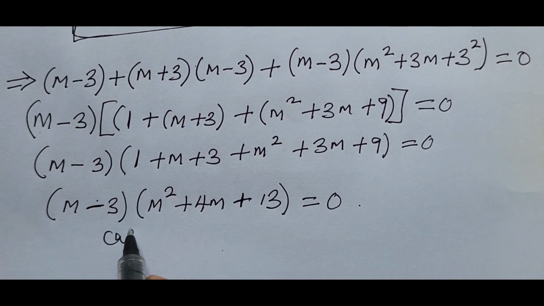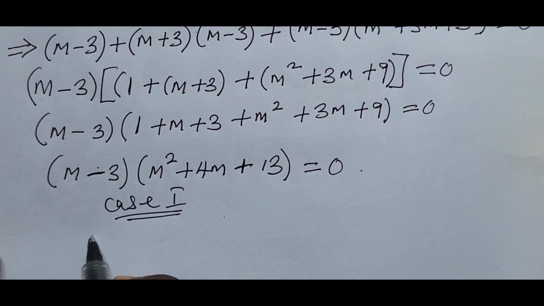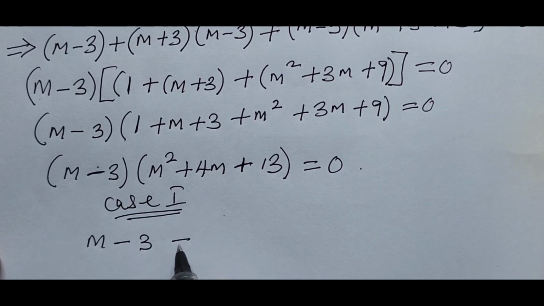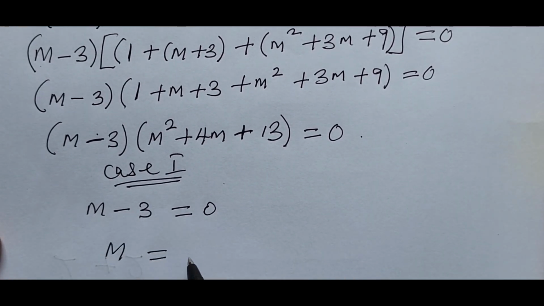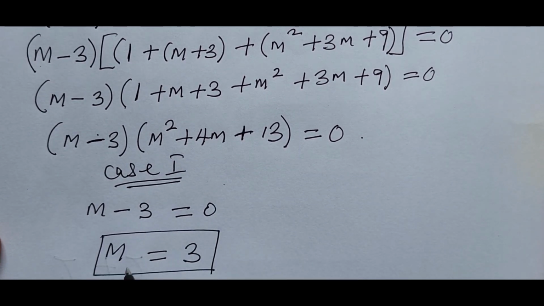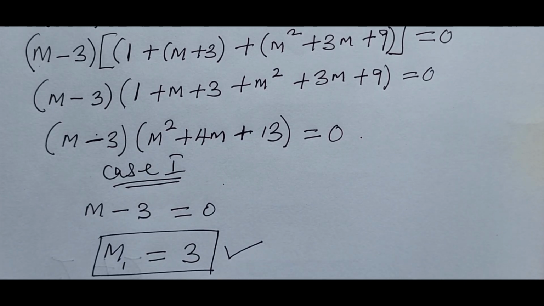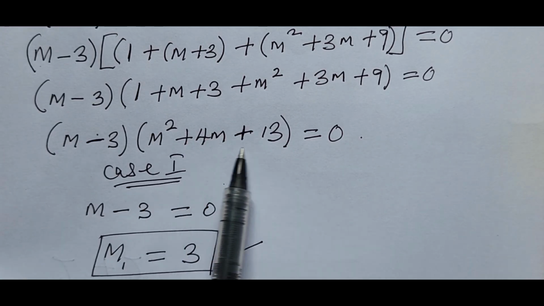In case 1, m - 3 is equal to 0, so m is equal to positive 3. This is a real solution. We also check whether we get a real solution from the other expression. I've done that already and discovered there's no real solution from it.